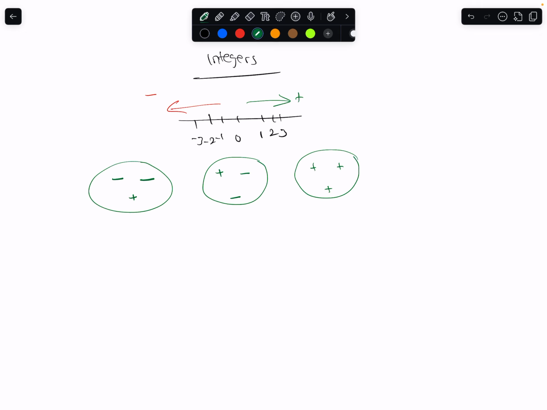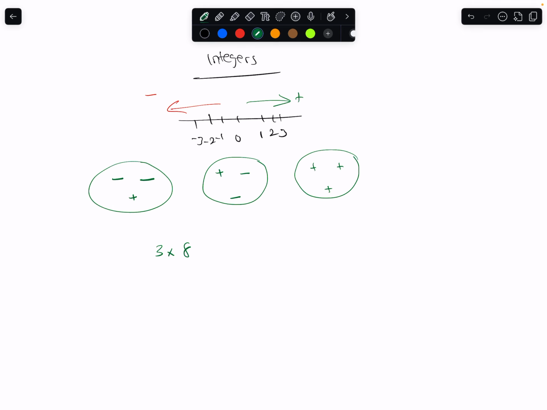But let's do one example. Let me just pick a random one off the top of my head: 3 times 8. When we were in elementary school and middle school, we learned multiplication and division, and at this stage of your course you should be comfortable doing them.